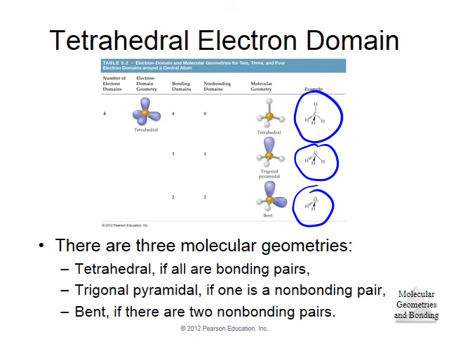So even though electron domain geometry is tetrahedral in each case, in case of methane, all of those pairs of electrons are bonded, so it's also tetrahedral. But in case of ammonia, one is missing, so it's trigonal pyramidal. In water, two of those corners are missing from the tetrahedron, so it's bent or nonlinear geometry.